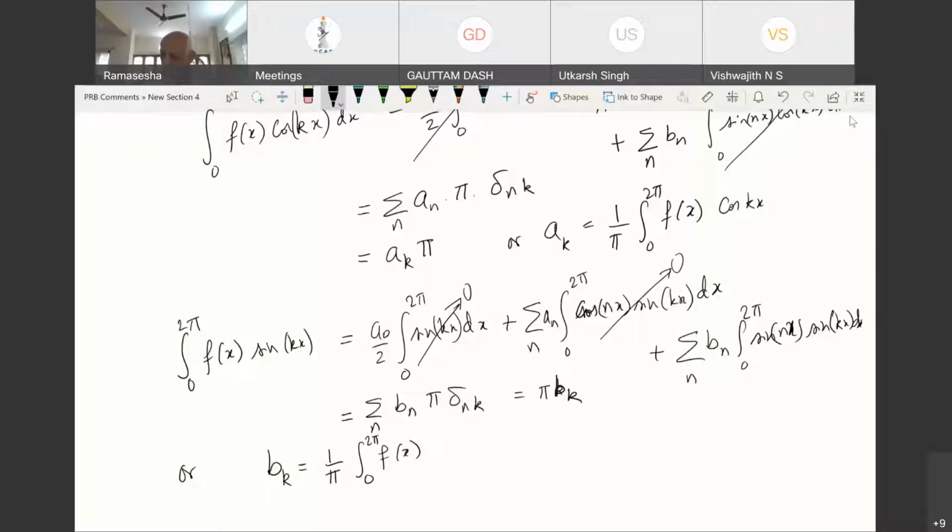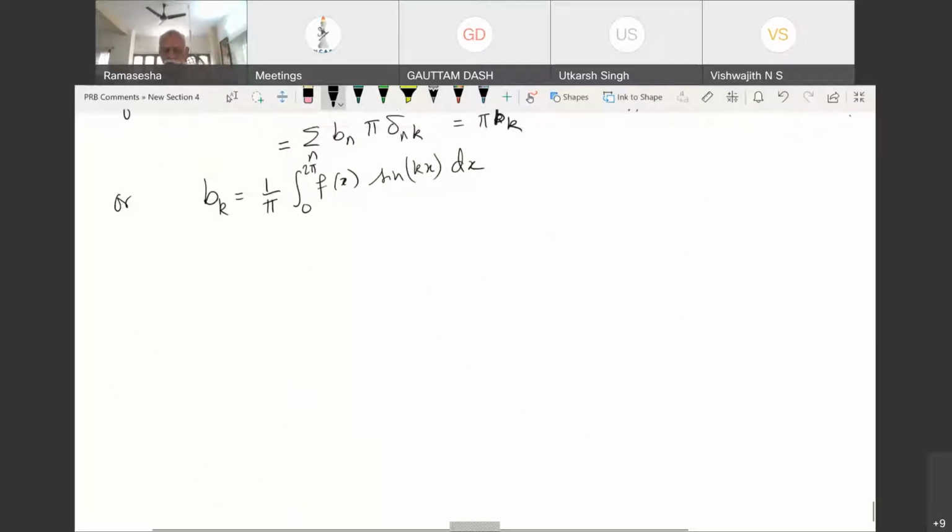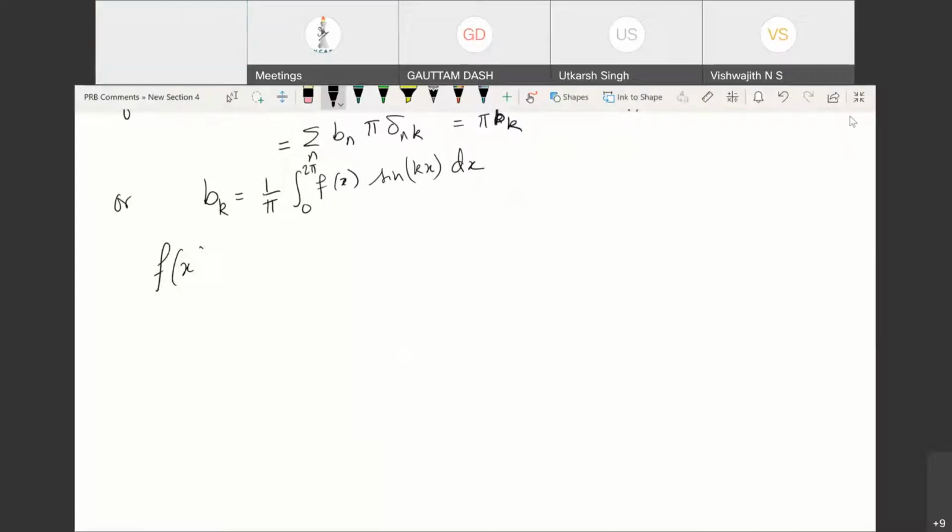Important. So any periodic function can be expanded as a naught by 2 plus sigma over n an cosine nx plus sigma over n bn sine nx.